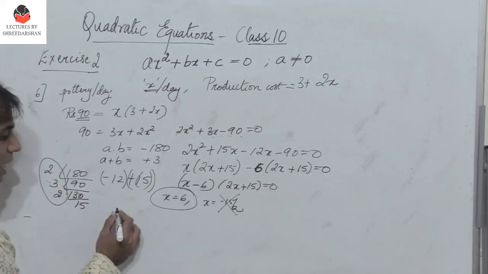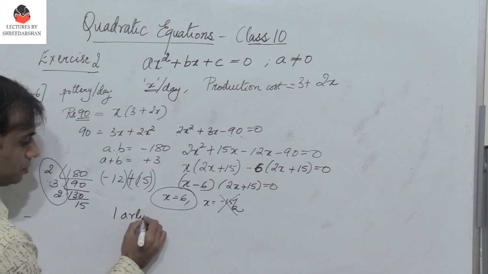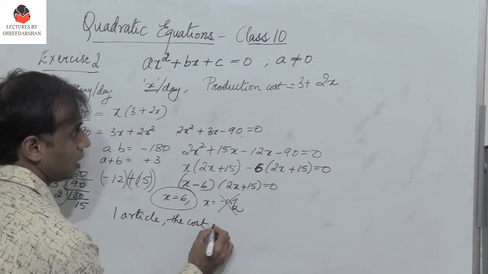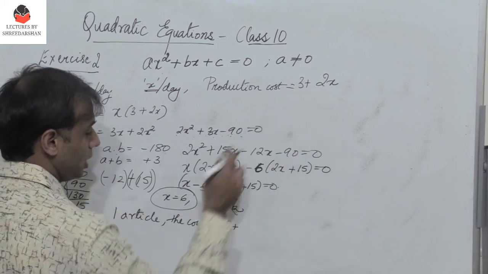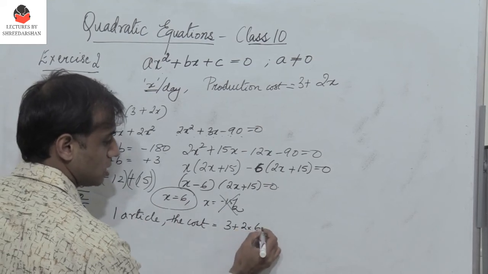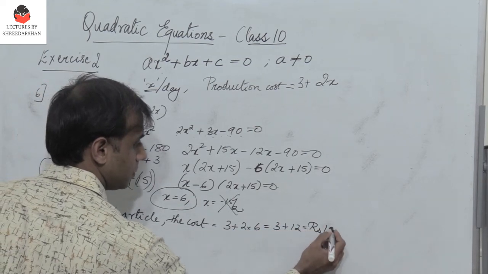So to produce one article, the cost is 3 plus 2 into x. What is 2 into x? Which is 2 into 6. So I get 3 plus 12 equals rupees 15.